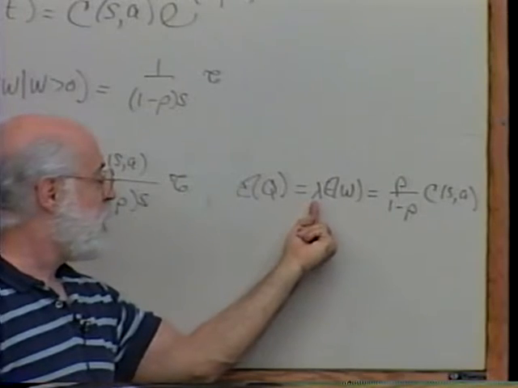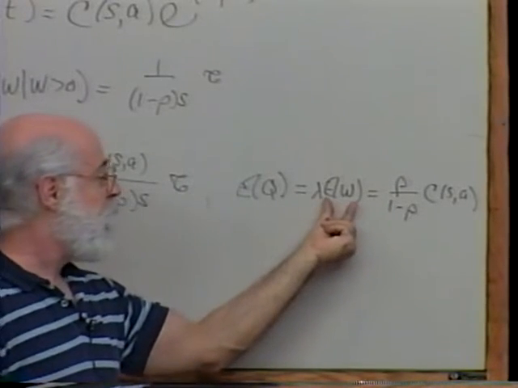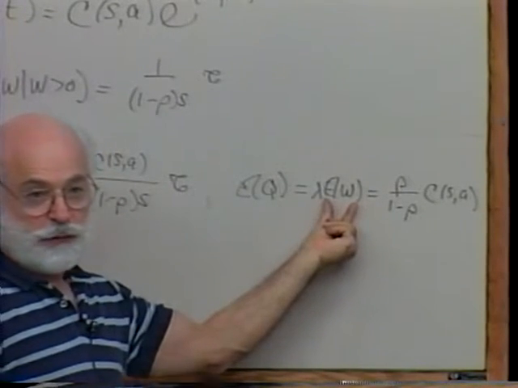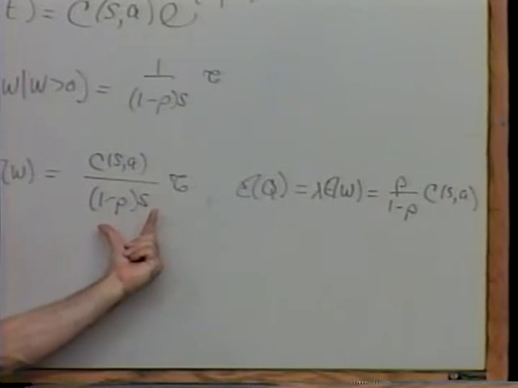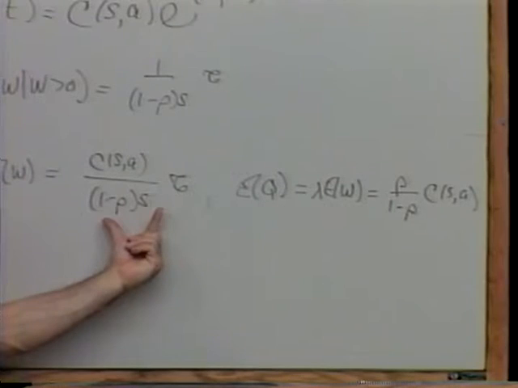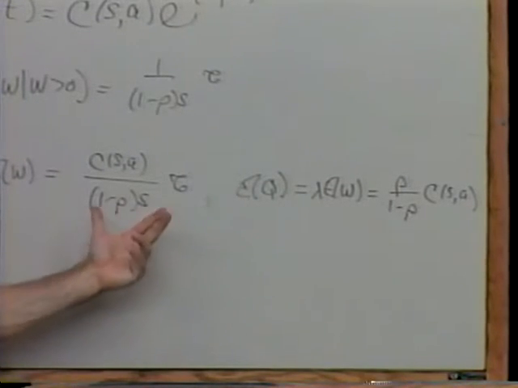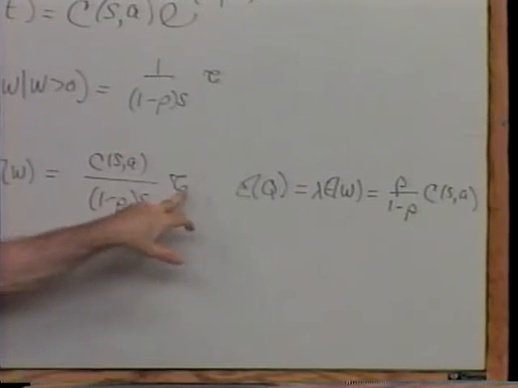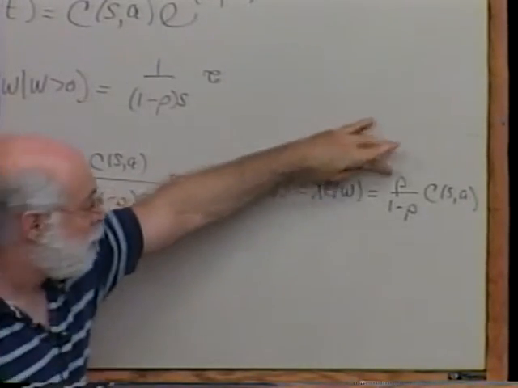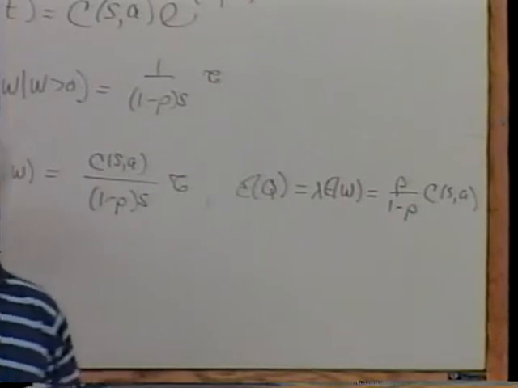So this is the rate at which they enter the queue. This is the average time that they spend on the queue. We already calculated the average time they spend on the queue directly from the formula for the distribution function for waiting time. So we just multiply that formula by lambda. And when you do that, the lambda tau over S is simply rho, and we get this nice little formula.